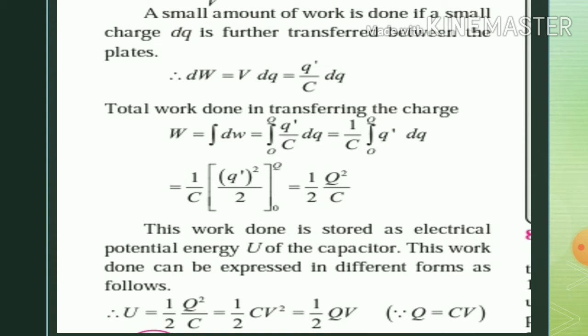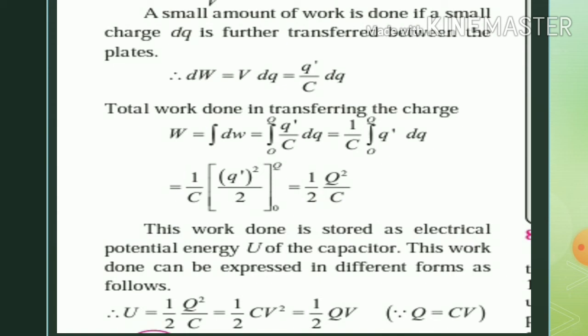It is a considerable step. So then we can write W equals 1 upon C into square bracket, numerator q dash raised to 2 upon 2, square bracket complete, lower limit 0, upper limit Q. Then we can substitute the lower as well as the upper limit.